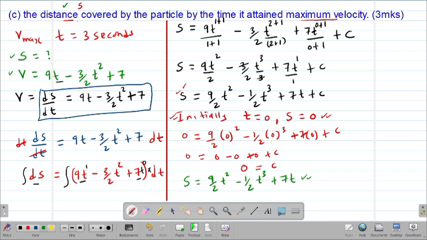Now, the question wants the distance covered by the particle by the time it attained the maximum velocity. Remember, when the particle attained the maximum velocity, we already have the time. We've said that at Vmax, the time was equal to 3 seconds.